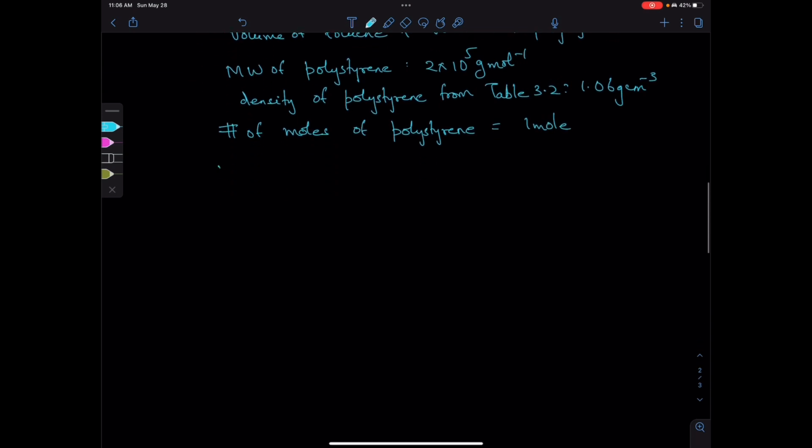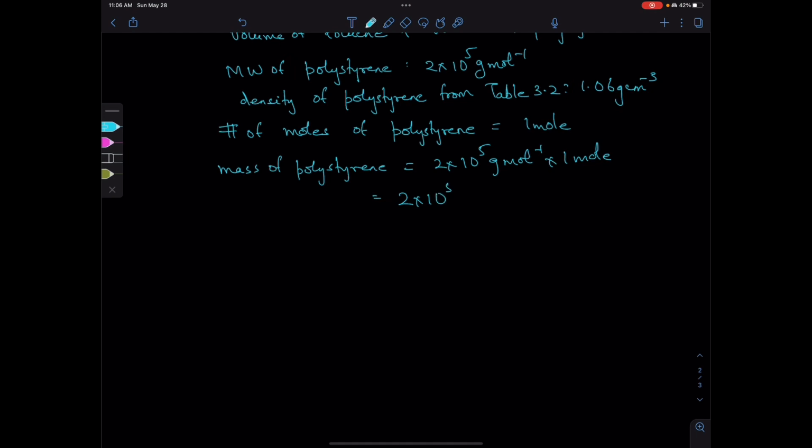So mass of polystyrene is 2 times 10 to the power 5 grams per mole times 1 mole, which is 2 times 10 to the power 5 grams.